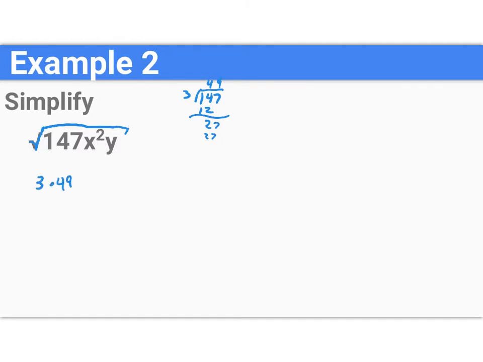And we're going to separate all of these factors times y. And we're taking the square root of everything. So what you're going to want to do is take the square root of 3 times the square root of 49 times the square root of x squared times the square root of y. You may be asking yourself, how do I know that this is the square root?